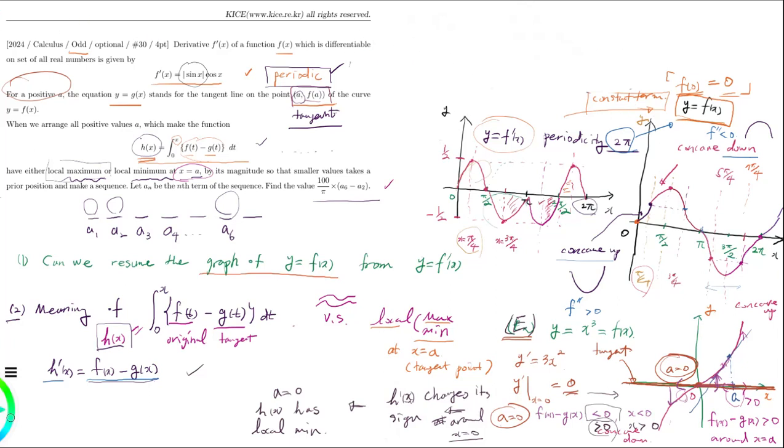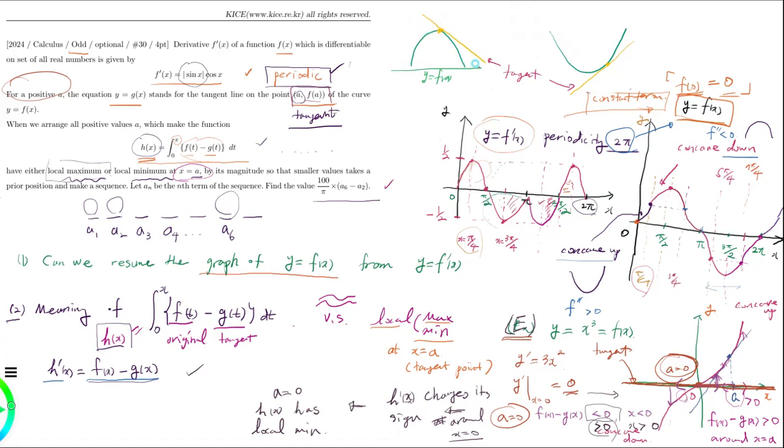We can think that in the function graph, whether concave up or concave down, its tangent line at any point does not pass through its original graph y equals f of x. It does not pass through.